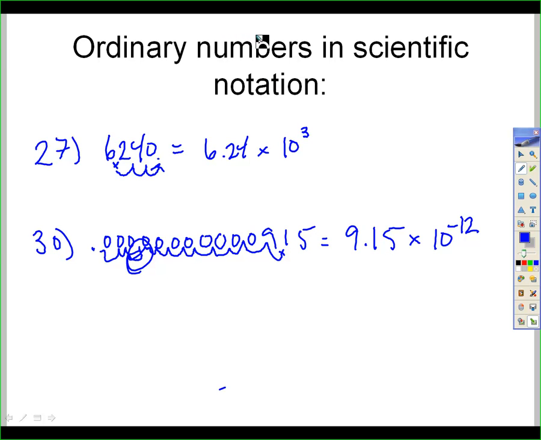Yeah, it's 12. Yep, it's 12. You said 14. I think it's 27. There are 11 zeros. Okay, so there are 11 zeros, but it's times 10 to the negative 12th because it takes us 1 dividing by 10 just to get past this 9.